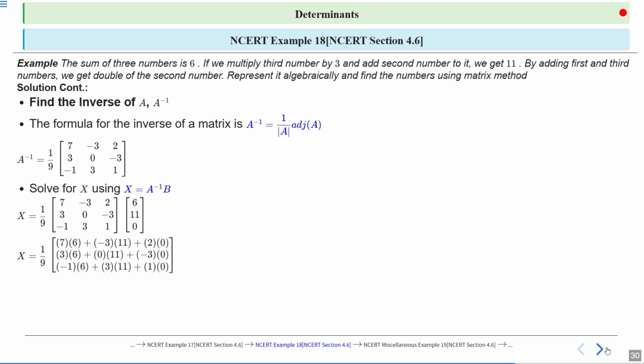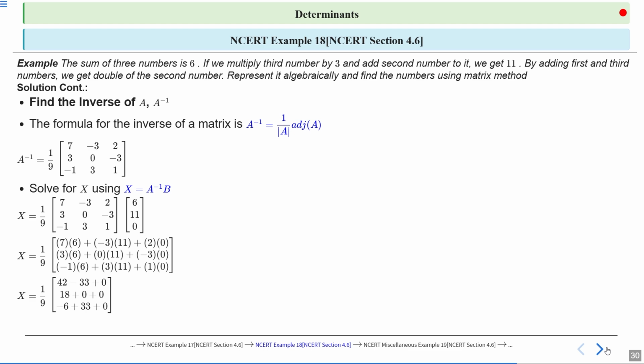Now we multiply the matrices. To multiply, take the first row and multiply with the column. So 7 into 6 plus -3 into 11 plus 2 into 0. Then for the second row, 3 into 6 plus 0 into 11 plus -3 into 0. Then -1 into 6 plus 3 into 11 plus 1 into 0.